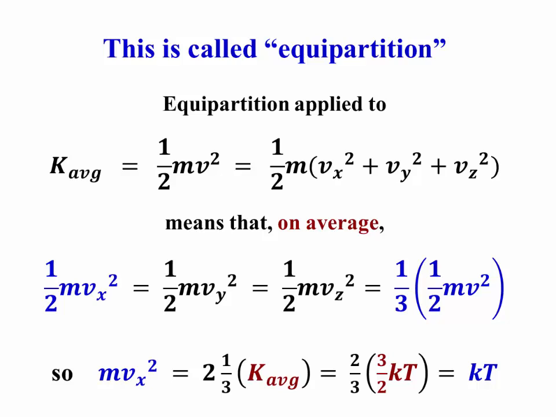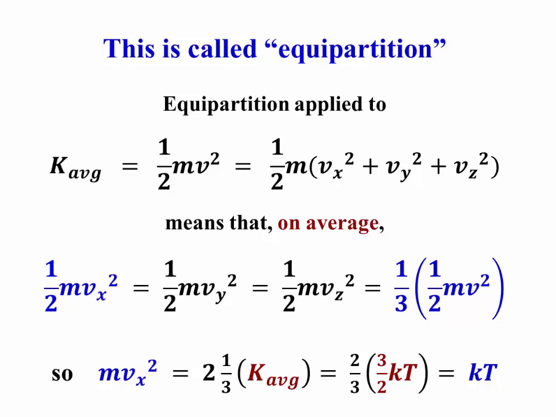So when we look at the kinetic energy, which is 1/2 m times the quantity vx squared plus vy squared plus vz squared, what that means is that on average, each of those components carries 1/3 of the total. That is, on average, 1/2 mvx squared equals 1/2 mvy squared equals 1/2 mvz squared.